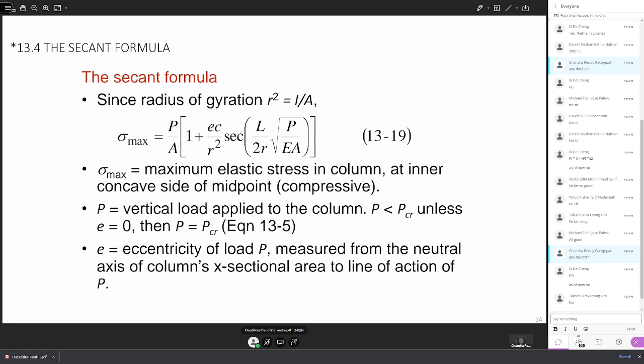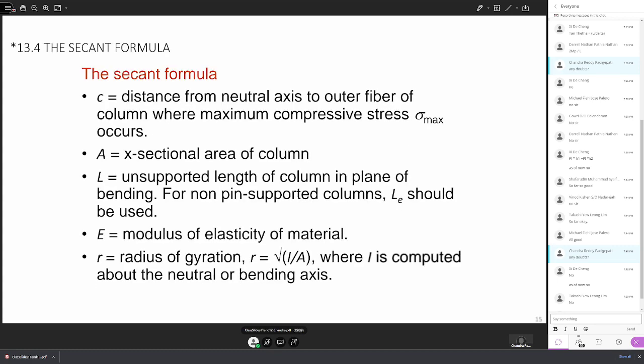R is the radius of gyration, which we have seen: R is equal to the square root of I over A. I is the moment of inertia, A is the cross-sectional area of the column. C is the distance from the neutral axis to the farthest point on the cross section.